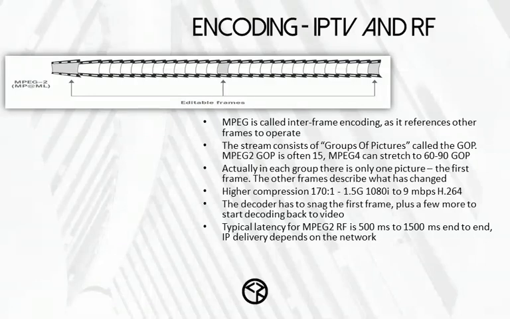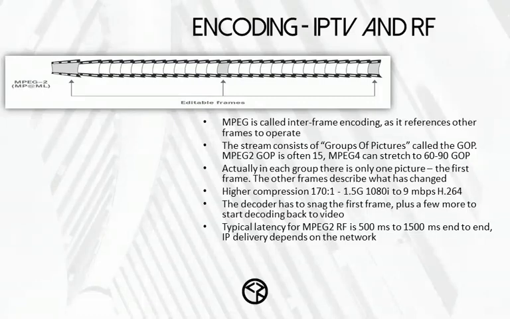So they have to reference all the frames together to figure out the best compression, what has moved, what colors have changed. And so each frame after the first one is not really a picture, it's more a data set that describes what changed since the first frame, and it's instructions to a decoder on how to put this puzzle back together again.